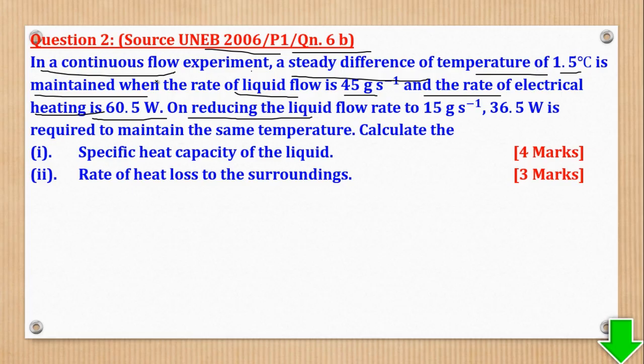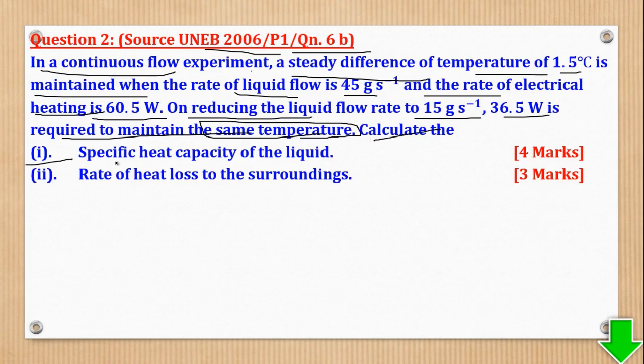So here in the previous question, the two liquids have been different, but here the two liquids are the same, but they have just reduced the rate. To this, 36.5 watts is required to maintain the same temperature. So this is also the temperature change. So this is very vital in continuous flow. Temperature has to be the same.